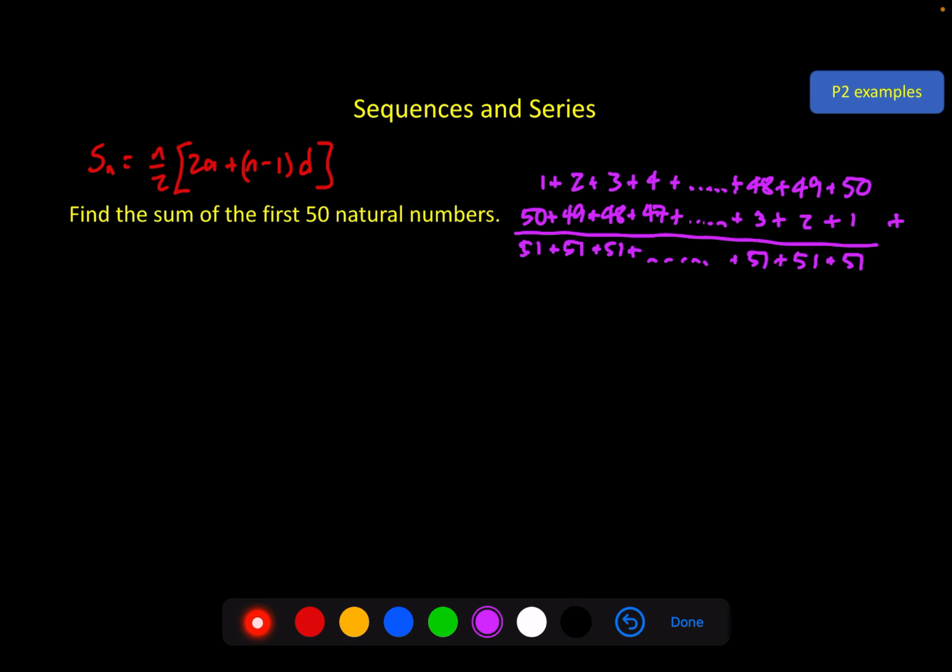And we've got 50 of these. So what we're going to do, and what the formula does, is 50 times 51, and then we're going to divide that by 2 because that's too many. So 50 times 51 divided by 2, and we get 1,275.